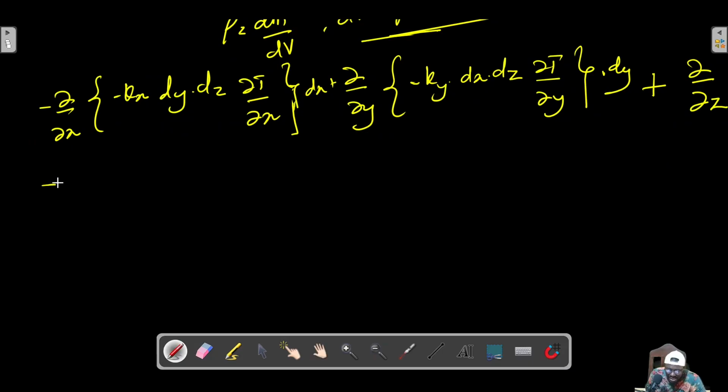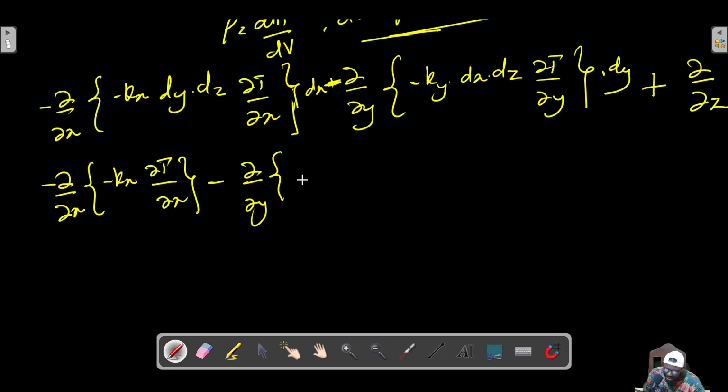our equation is negative del x of negative kx del T del x. Here is supposed to be negative, not positive. Negative del y of negative ky del T del y.